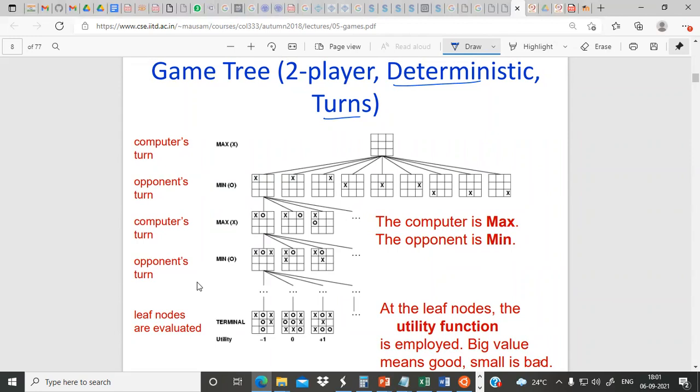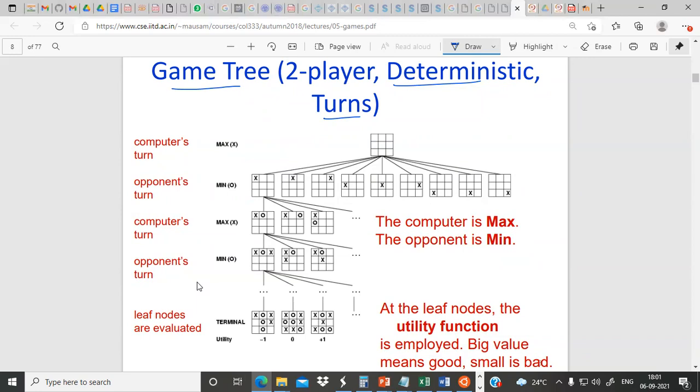But still, certain games can be considered deterministic. Even though there will be multiple states, if you have sufficient time and computational power to analyze all the states, then it can be called a deterministic problem. Okay, so this is one such example.